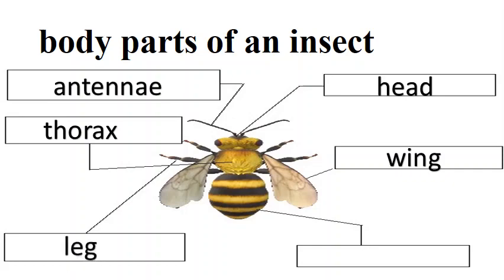These 3 pairs of legs, 1 pair, 2 pairs, and 3. And abdomen here. So now you know how we can differentiate insects from other invertebrates.